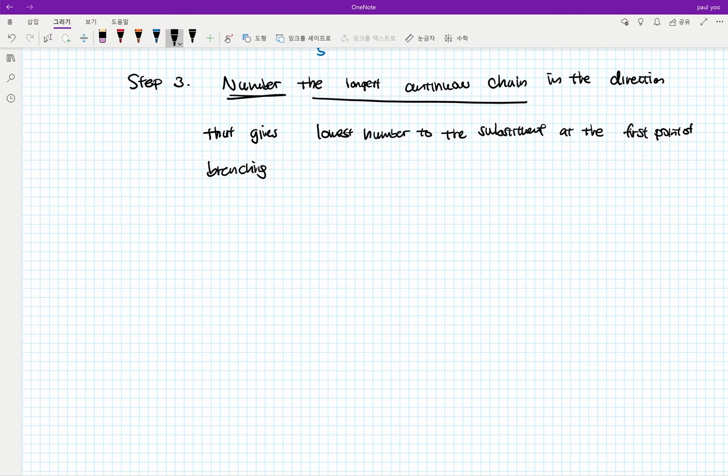We were given this molecule, and if you number the carbons 1, 2, 3, 4, then we have our substituent attached to the fourth carbon. If you start counting from the carbon at the very left, 1, 2, we have our substituent connected to the second carbon, which is lower than 4.